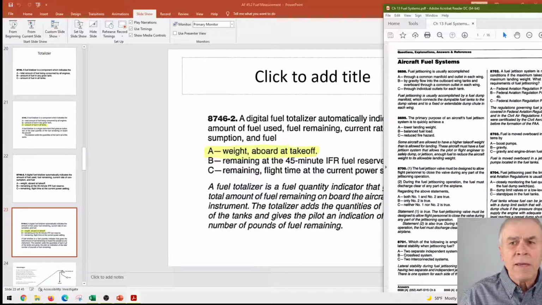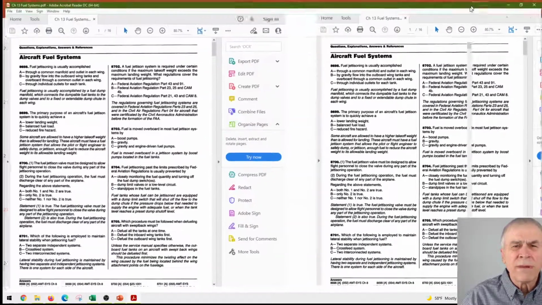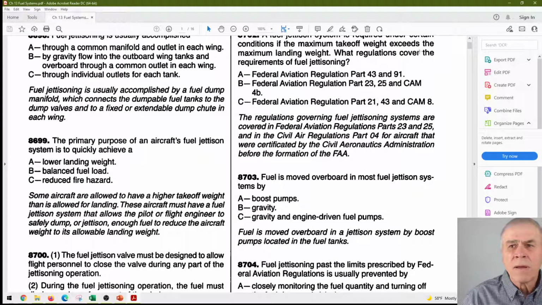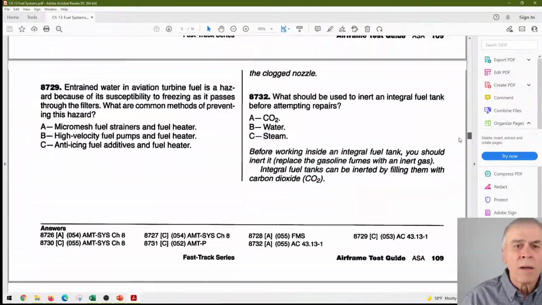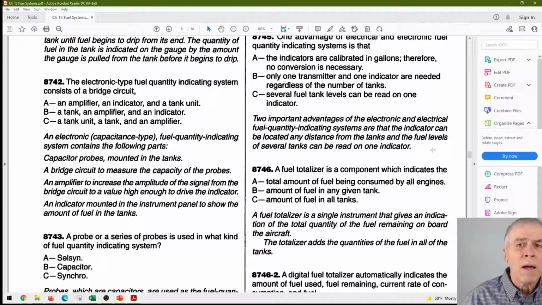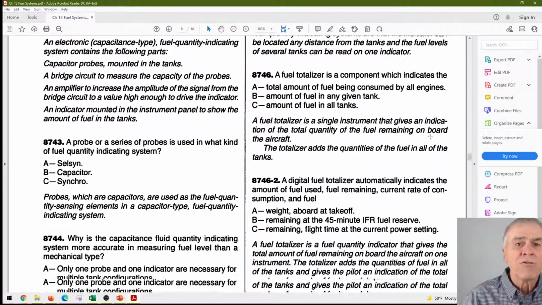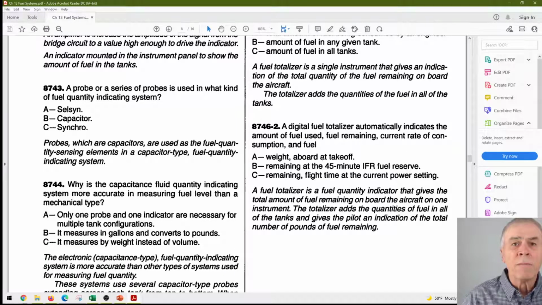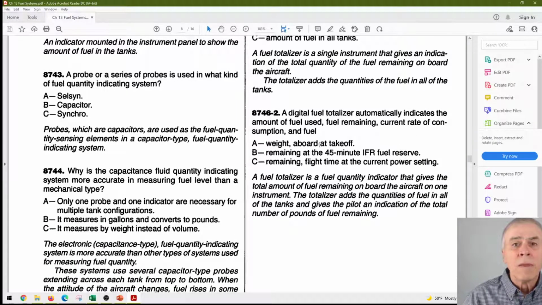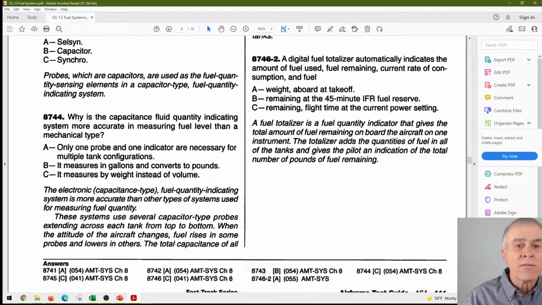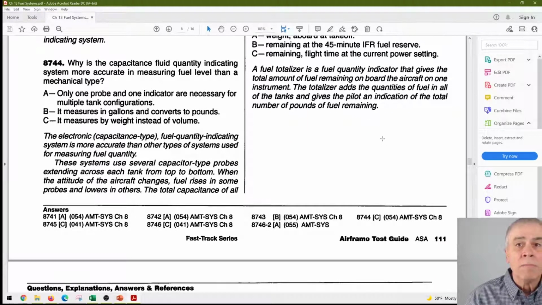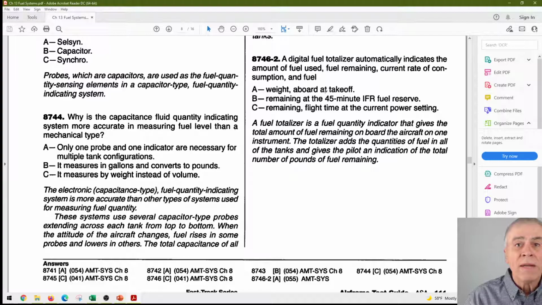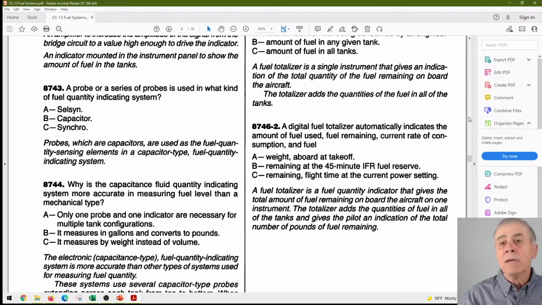All right, let's see. 8746-2. Here it is right here. And what is the correct answer down here? It is A. Weight aboard at takeoff. All right, I guess I accept that.